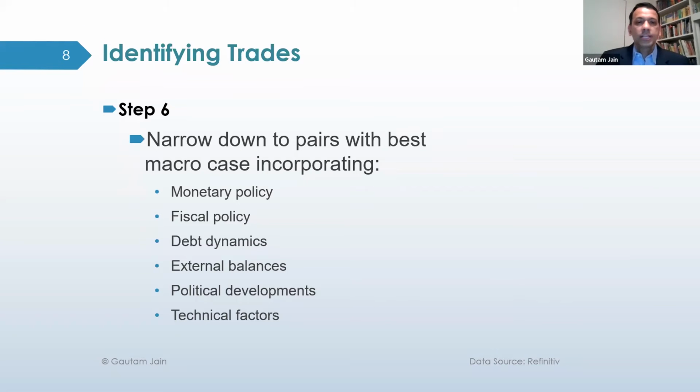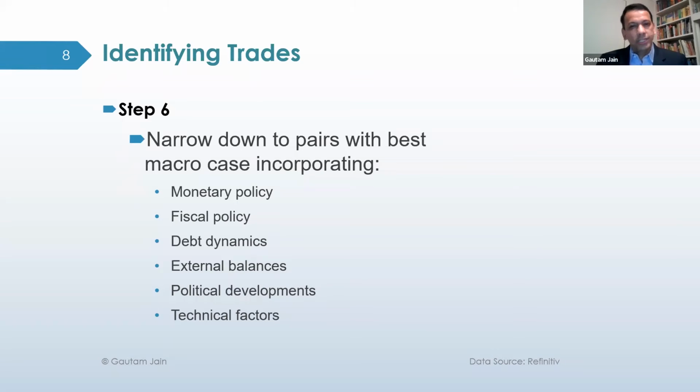As an example, let's say in my previous method, when I was looking at dislocations, the Turkish lira pops out as an attractive or cheap currency, but then I overlay the fact that the president had fired the central bank governor and replaced him with somebody who is less likely to follow an orthodox policy framework.